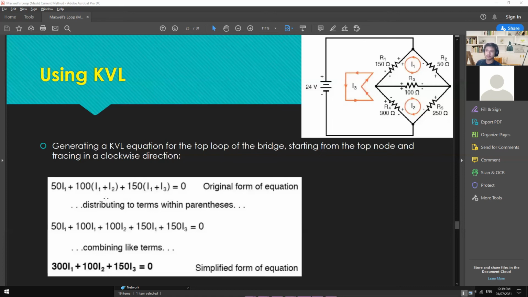Okay, so anyone who was able to get how did we get this equation? Okay, Mr. Maaba already got this one. Okay, and then Mr. Donato also already got this one.